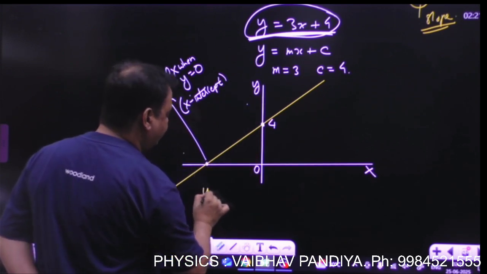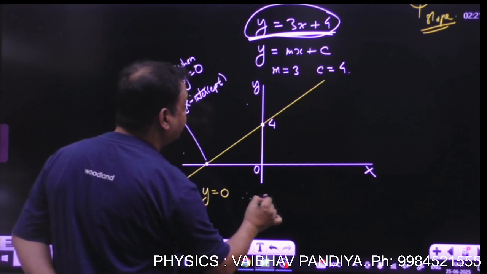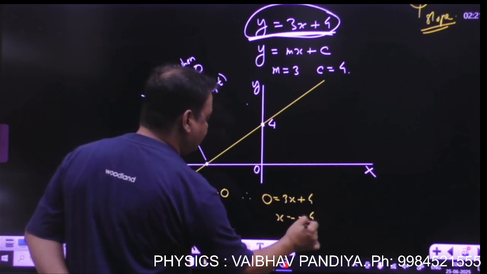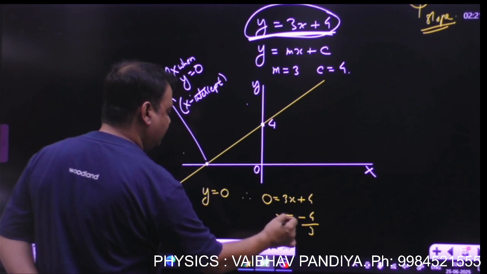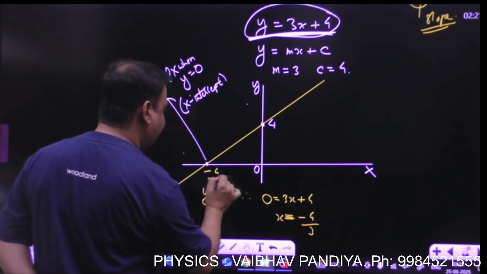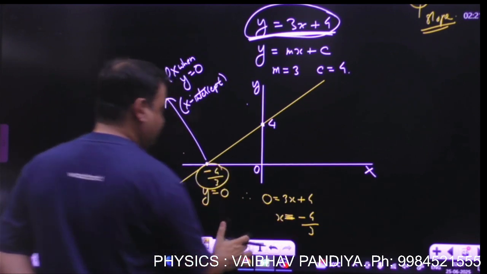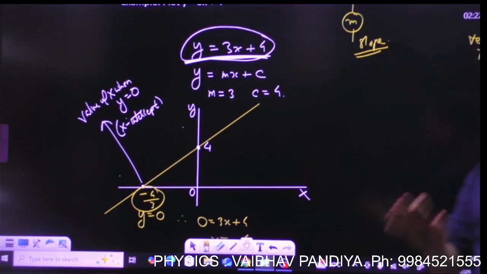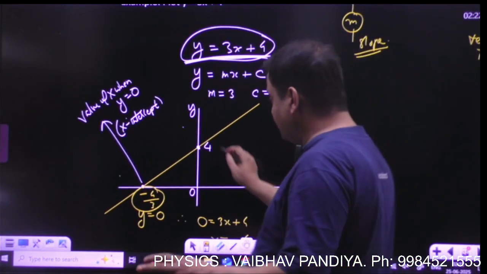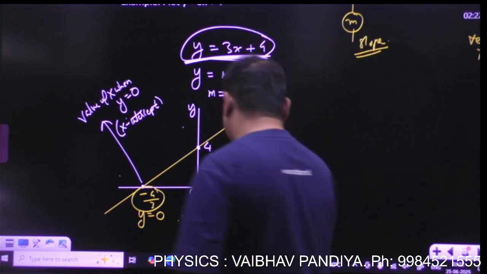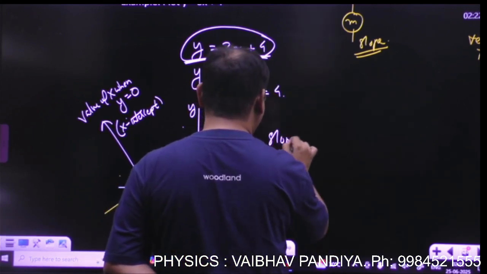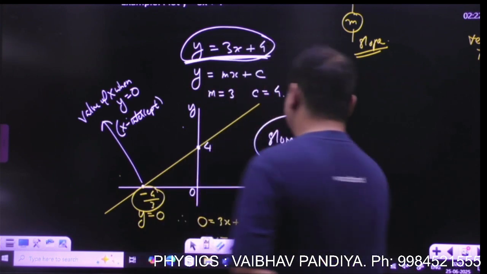So put y is equal to 0, so you'll have the equation 0 is equal to 3x plus 4, so x will come to be minus 4 by 3. So this value is coming to be minus 4 by 3. You can plot it. Okay. Straight line graph. And whenever you are plotting the straight line graph, always mark both the intercepts. And in the side space, you can also write the slope, that is 3. Got it?